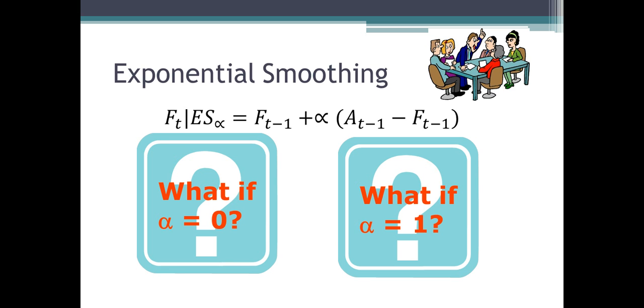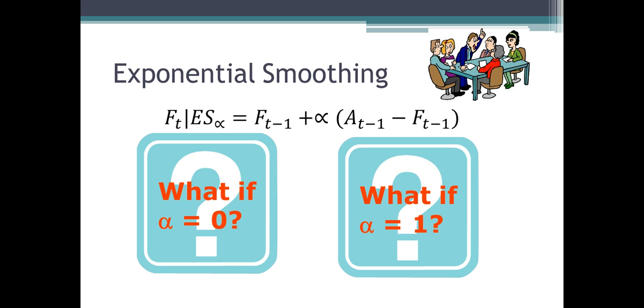So Ft equals Ft-1, which equals Ft-2, which equals Ft-3. So essentially you're saying, I know what I know and I'm not going to learn from my mistakes. I am not really going to look at actual values at all. If I want to produce 100 units, I will produce 100 units, and I will always forecast the sales next week to be 100 units.